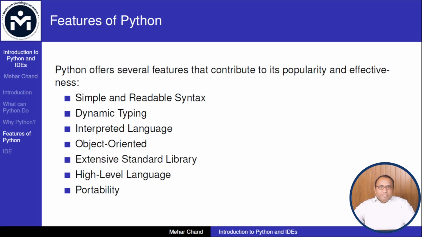These libraries provide a wide range of modules and functions for various tasks, reducing reliance on external dependencies and simplifying development. Python is considered a high-level language, abstracting away low-level details and system-level intricacies. This abstraction allows developers to focus on problem solving rather than getting bogged down in implementation details.